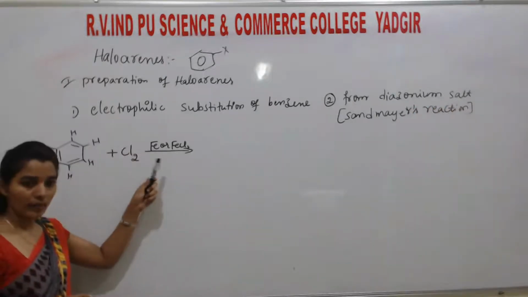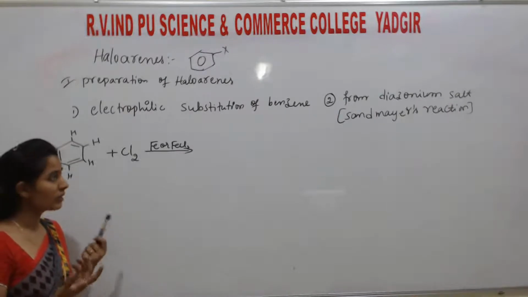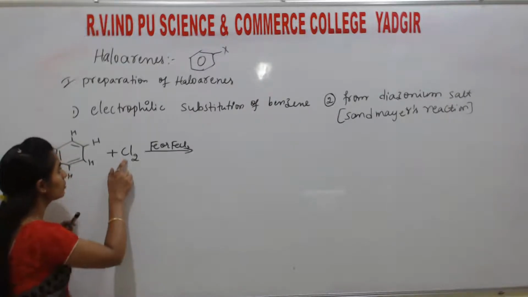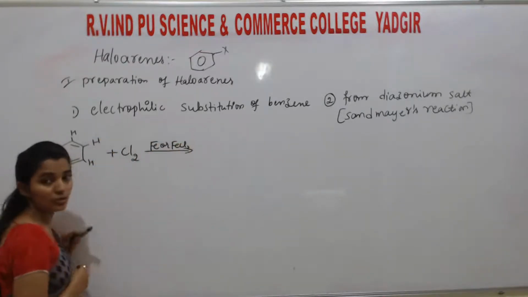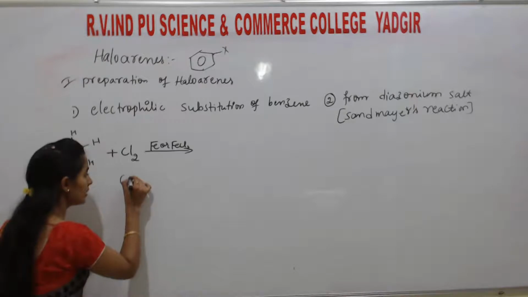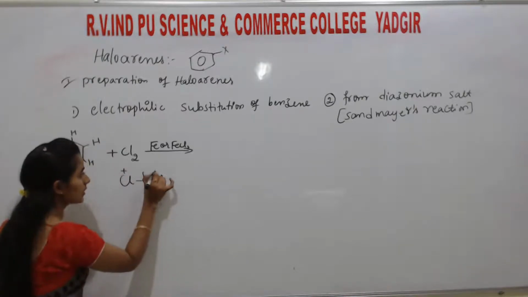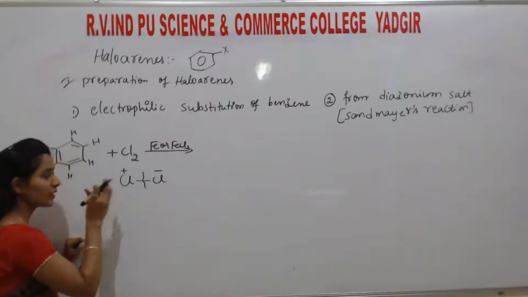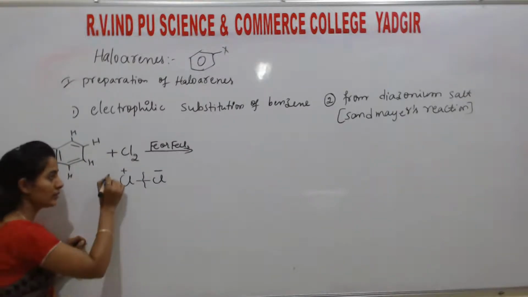These are metals which have the ability to carry halogen groups. So then what happens? This Cl2 is there, H is there. Electrophilic substitution means this Cl2 is bonded like Cl plus and Cl minus. Which one is the electrophile here? This one is the electrophile.